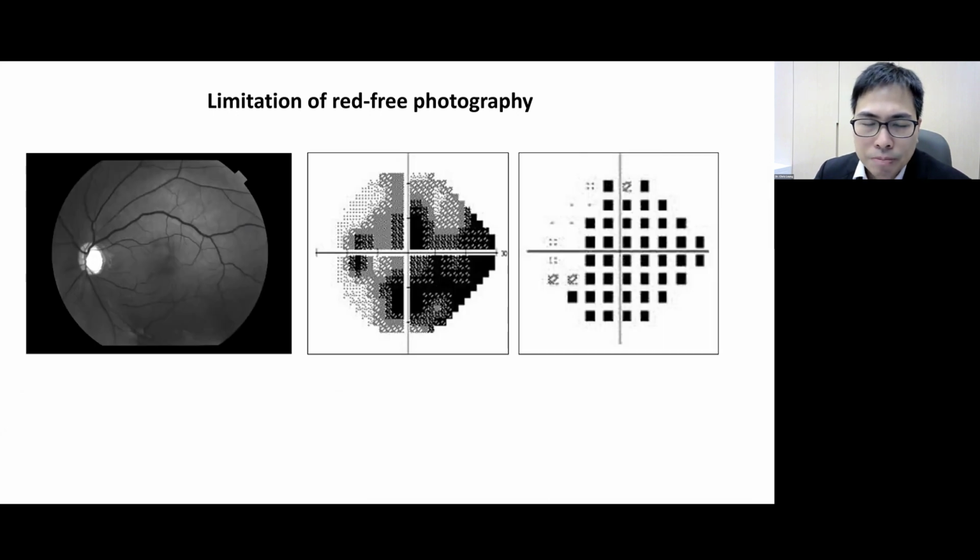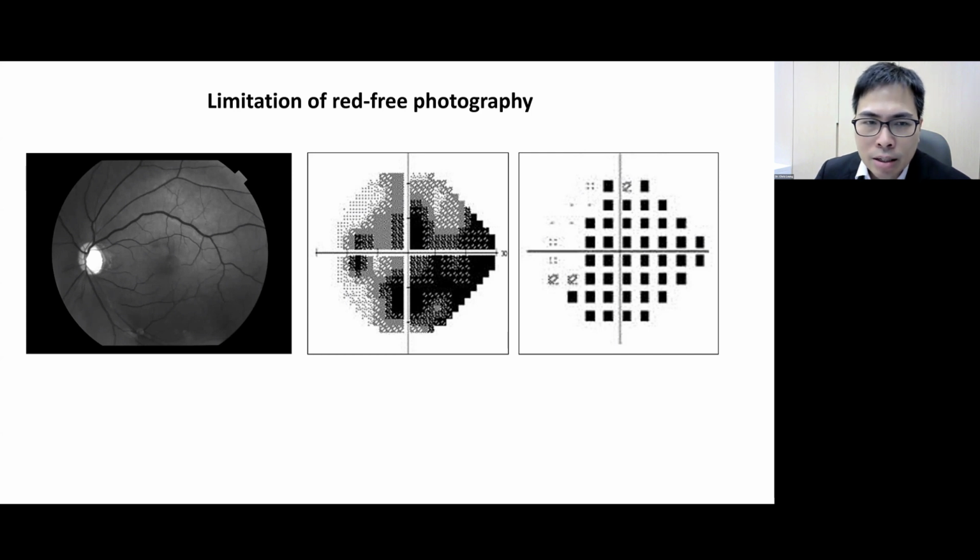Another challenge is that when we have diffuse loss of retinal nerve fiber layer, when the glaucoma is at the advanced stages, it would be difficult for us to pinpoint where exactly the retinal nerve fiber loss is using red-free photography.